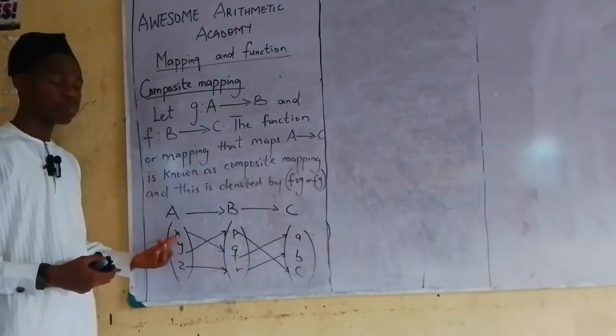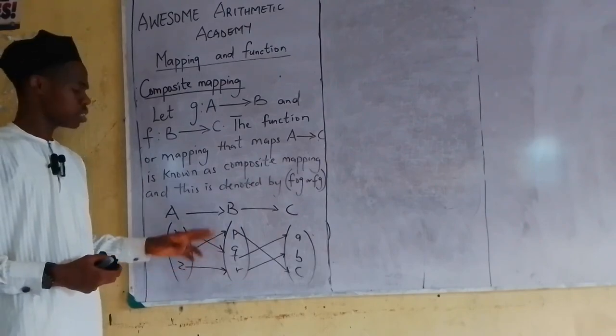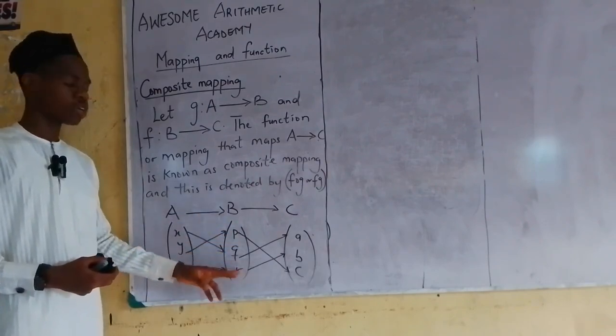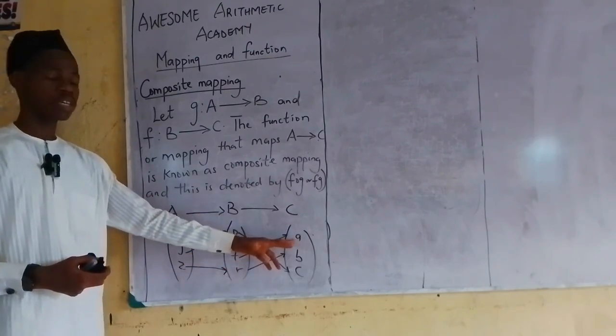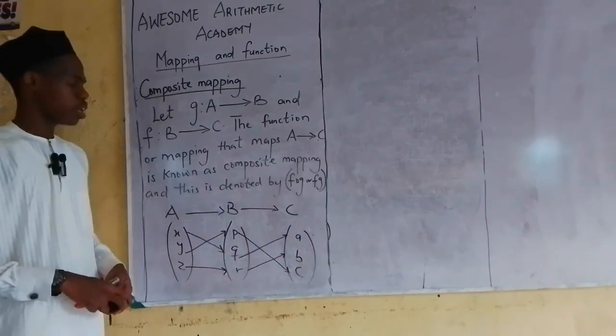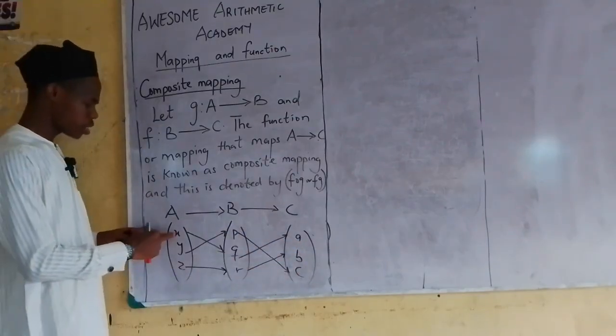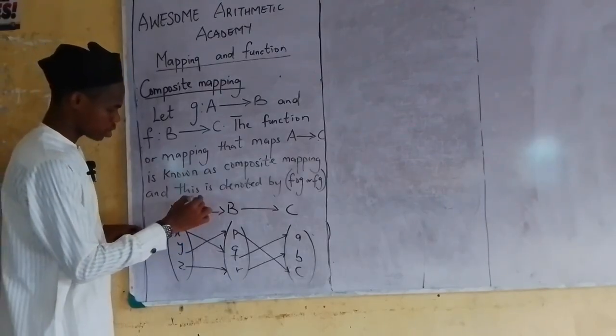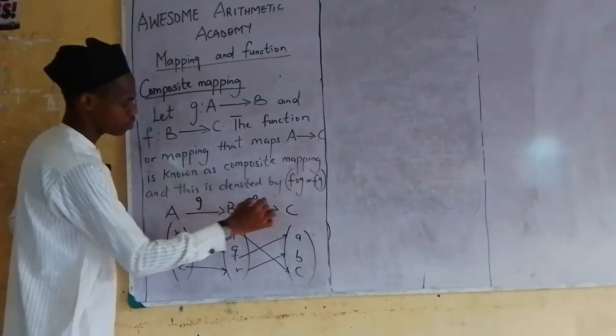Set A has elements x, y, z. Set B has elements p, q, and r. And set C has elements a, b, c. Now, this is g here and this is f.